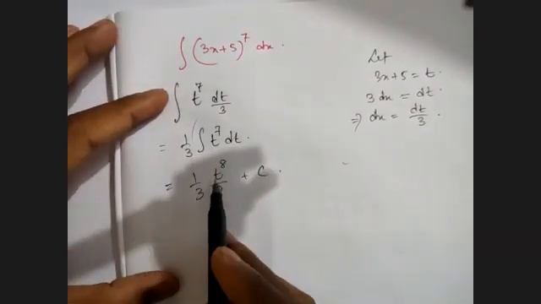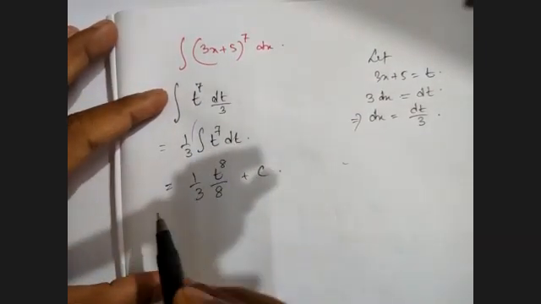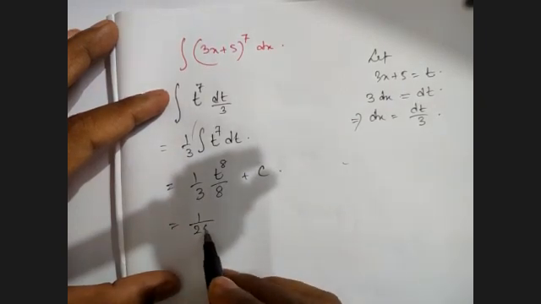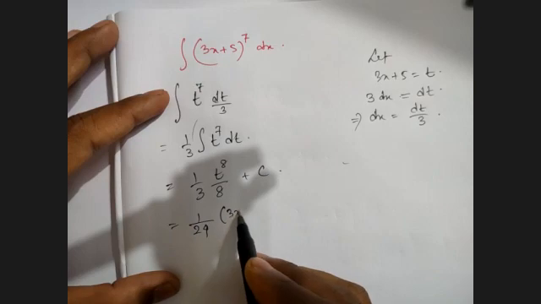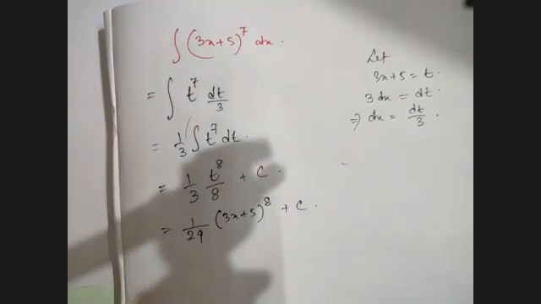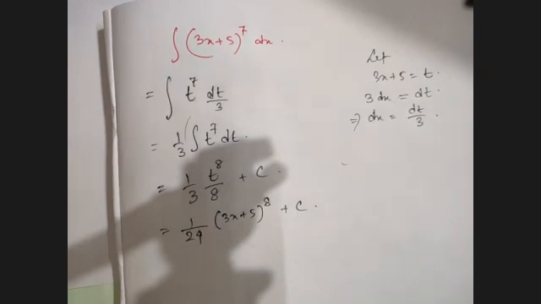Now we have to replace this t. So we will get 1 by 24, 3x plus 5 to the power 8 plus c. Understood?